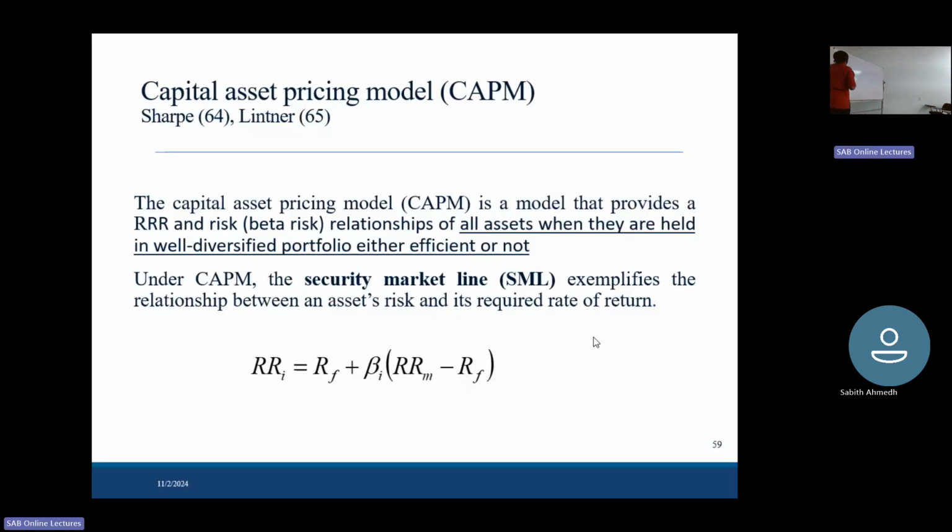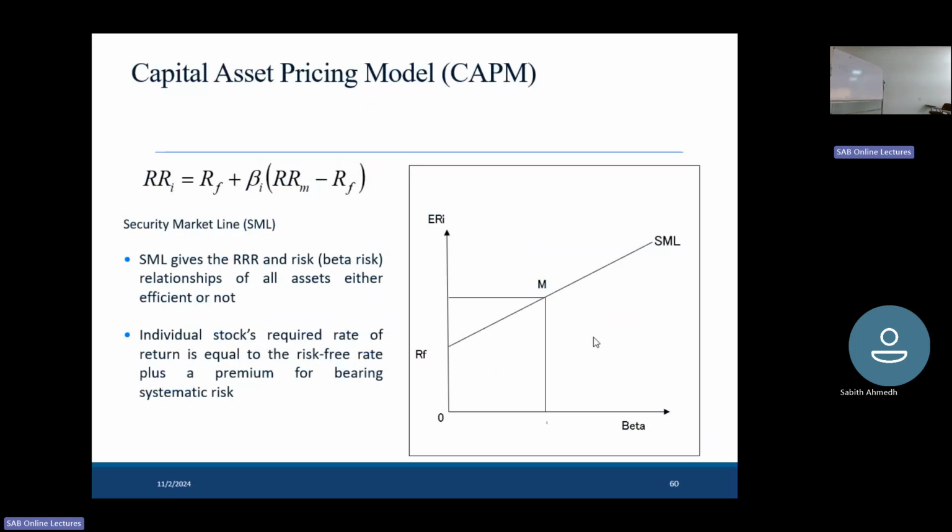This is the CAPM model. The new factor here is beta. This is the SML line, and the slope of the SML line is calculated as beta.